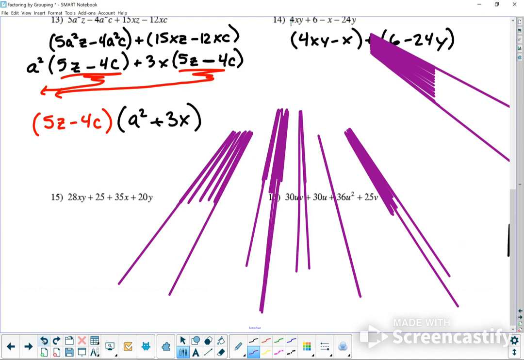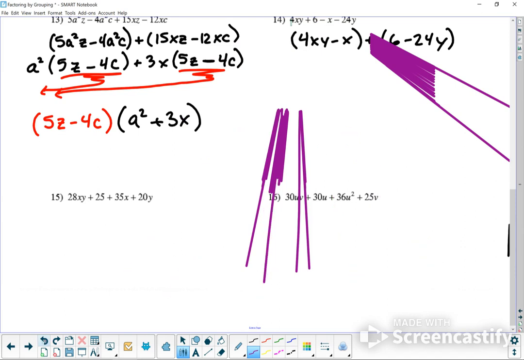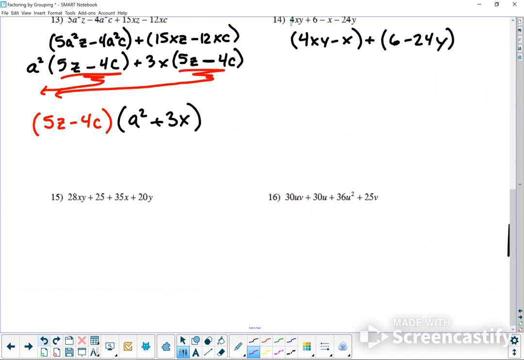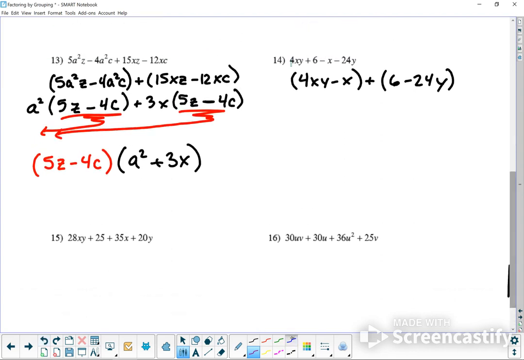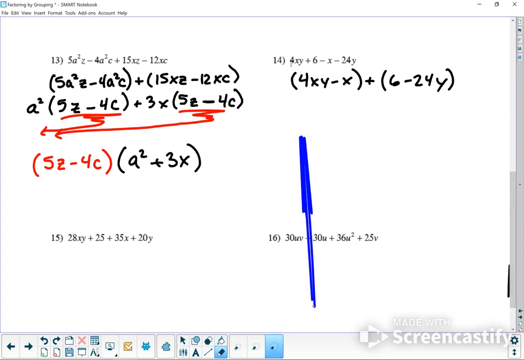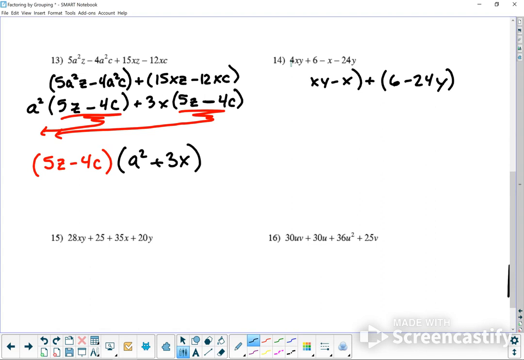All right, but whatever I was doing, remember, I'll just group it according to how I did it right now, and that should work. Take out the x, so you'll be left with 4y minus 1, and take out the 6. Wait a minute, does that work?